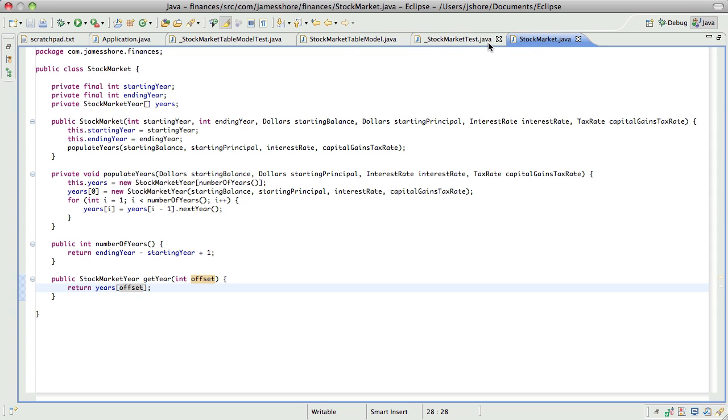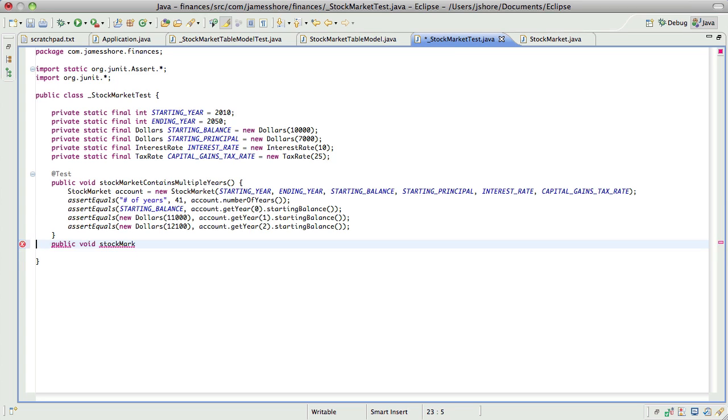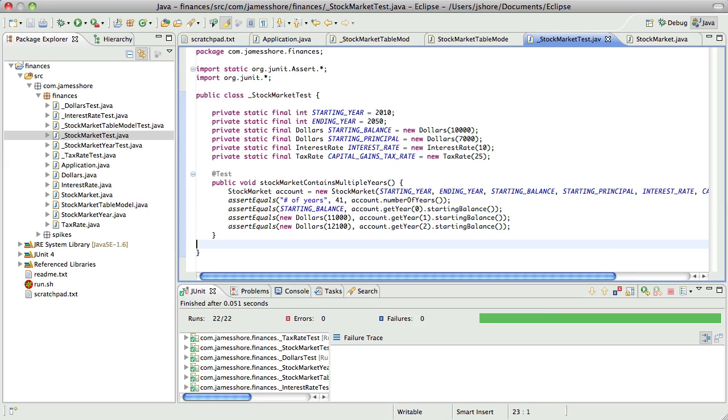Now I think I want to have stock market keep track of which year it is. Or maybe the stock market year should know which year it corresponds to. That would be interesting. Yeah, let's do that. Let's have the stock market year know which year it represents.